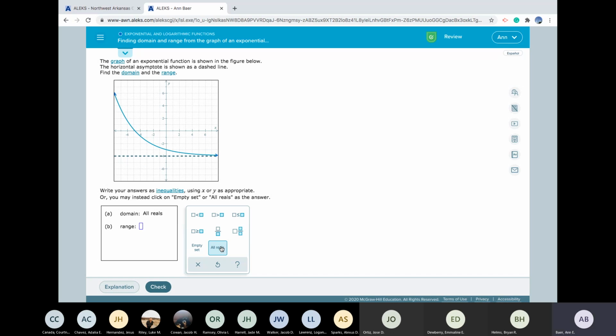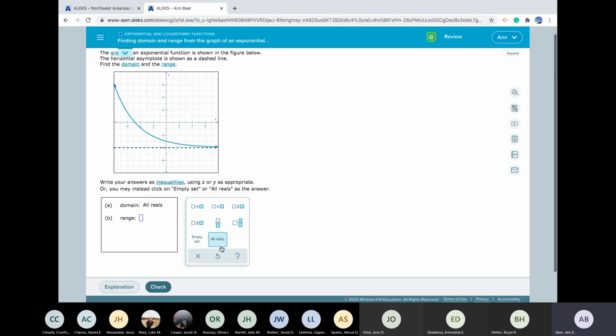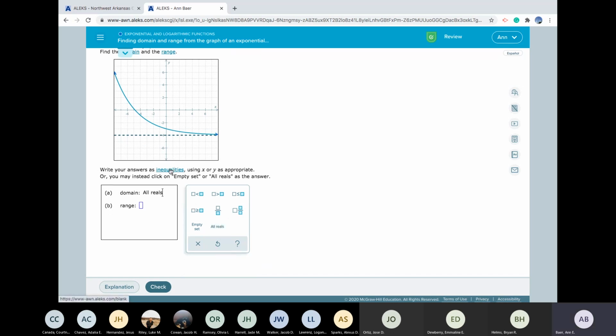Now the range is a different story. The range is all the y's. So we're starting down here at negative infinity on the y-axis, and we're looking for points on our graph, and we don't see any points on our graph until we're a hair above this right here. So this is -6, this is -4.